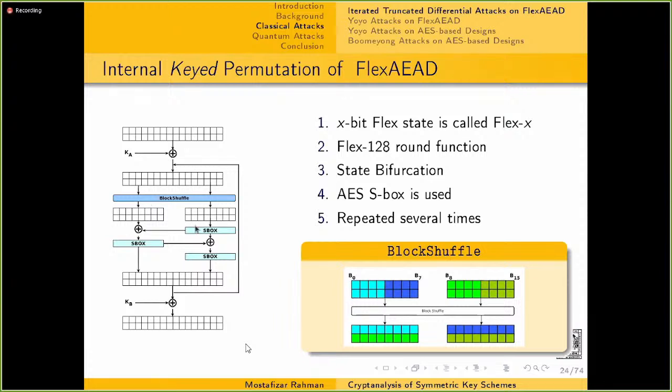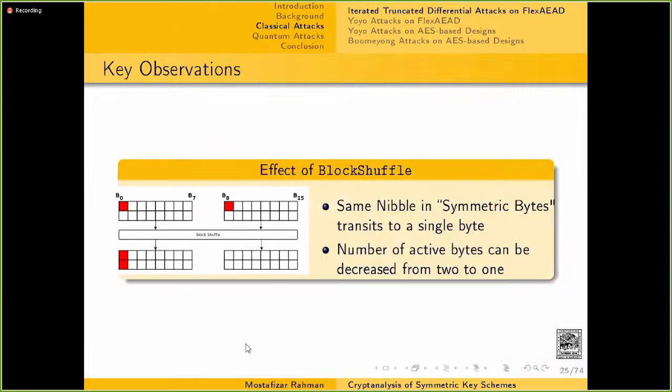Now we have made some key observations to perform the attack. First, we have seen that there is a special property for the block shuffle. The state is divided into bytes, B0 to B7, and each byte is divided into two parts, which are nibbles: upper nibbles and lower nibbles.